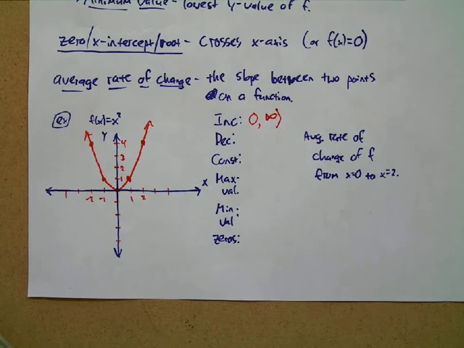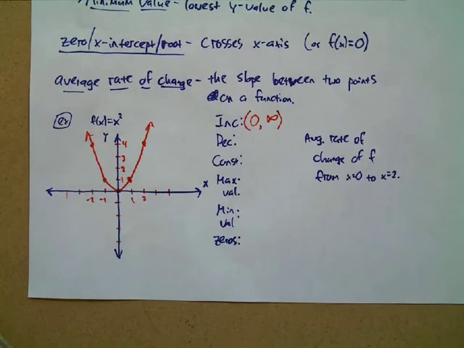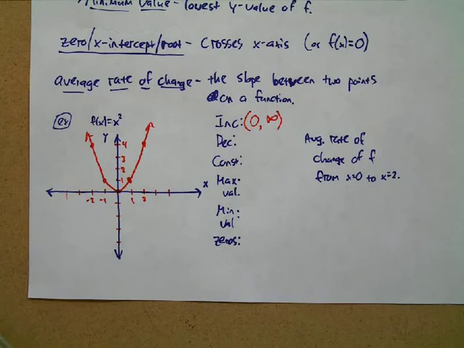What's happening at 0? That's kind of a tricky question. We're going to say at 0, we're going to exclude the 0. And we can talk about that if you want to argue about it, I'll be happy to talk about it.